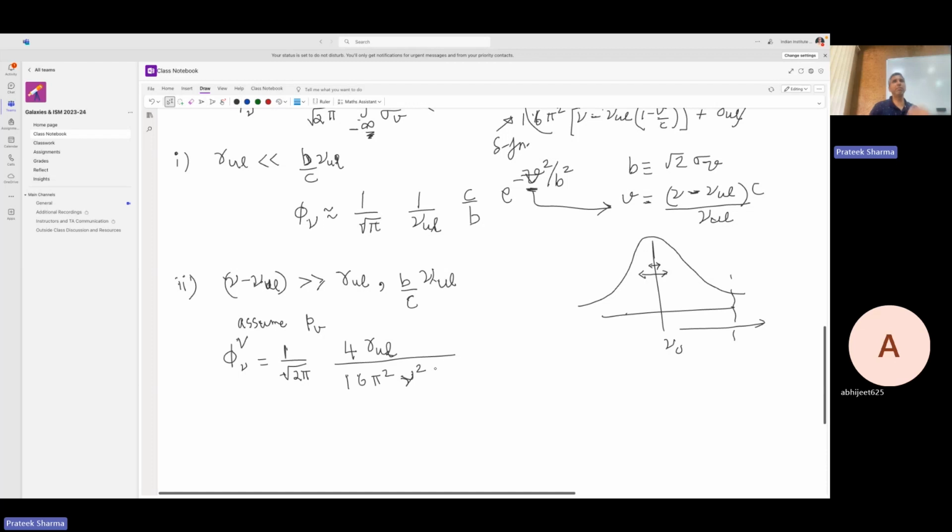Instead of nu minus nu naught squared, I've just written 16 pi squared nu squared because nu is much bigger than nu UL. So you are really in the tail of this Lorentzian.